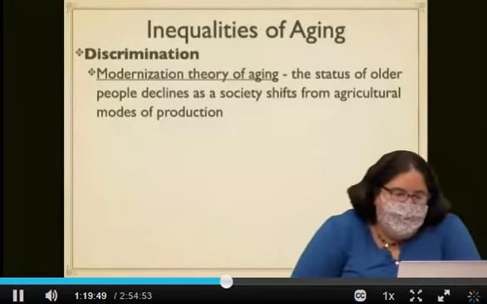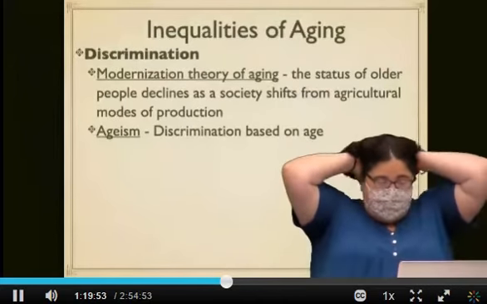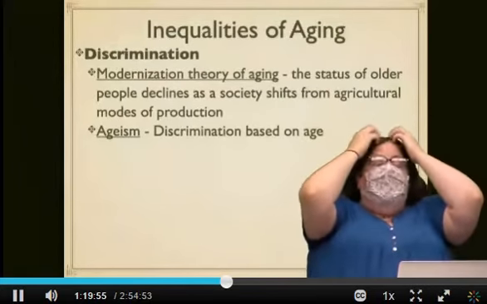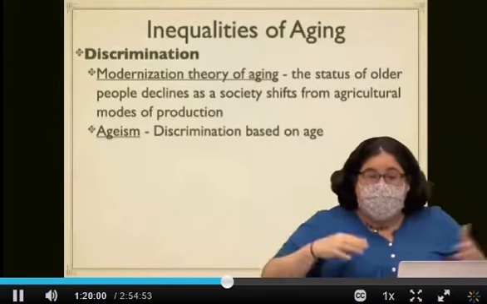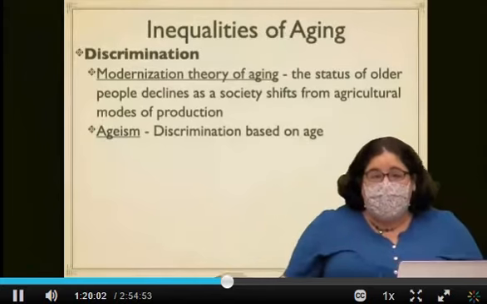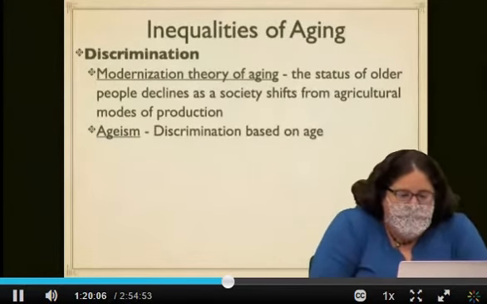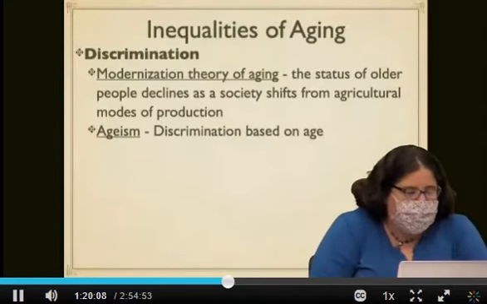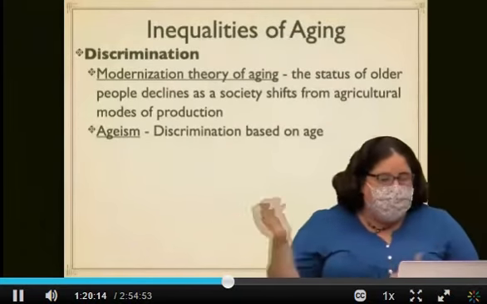Anyway, speaking of being annoyed at discrimination, the term for this, as you probably are aware, is ageism, just like racism is discrimination based on race. Ageism is discrimination based on age. I suppose it is possible to be ageist and discriminate against younger people, but we tend to think of ageism as being discrimination against older people.